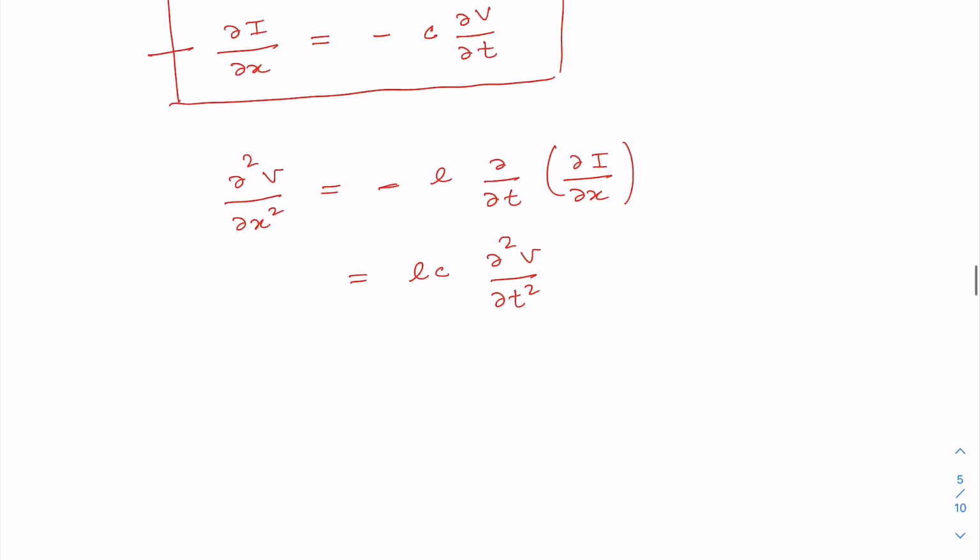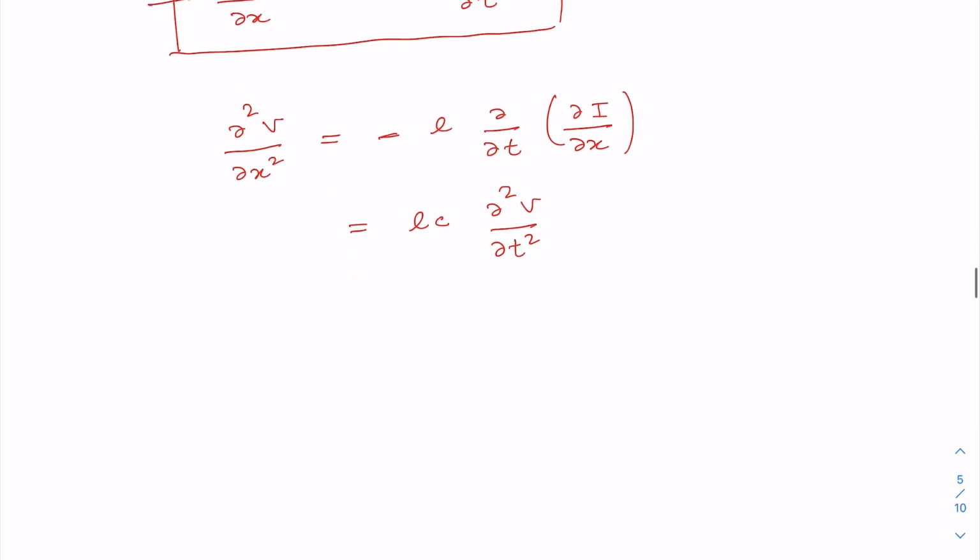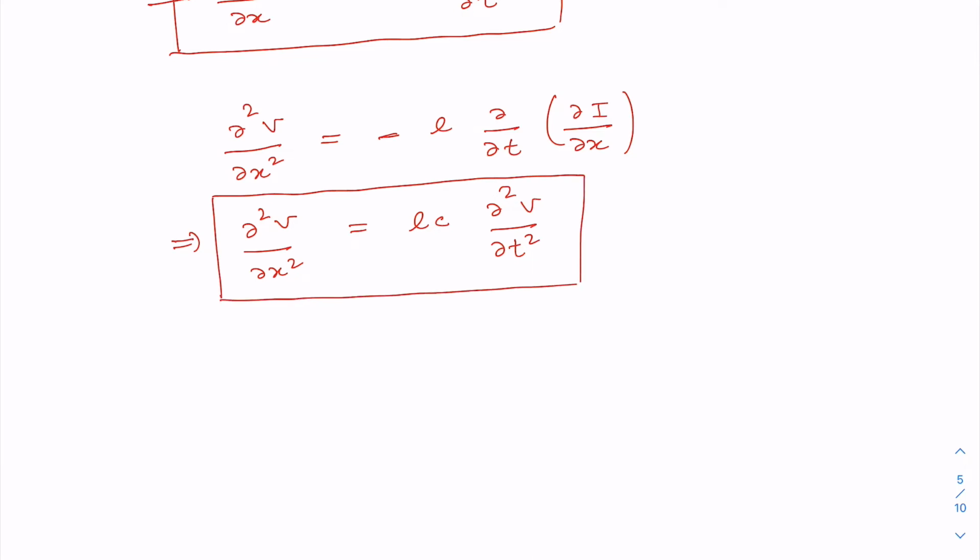So this is the equation for voltage, ∂²V/∂x². Actually, it is pretty easy to see if you compare this equation with the classical wave equation, that is ∂²f/∂x² is equal to 1/v² ∂²f/∂t².